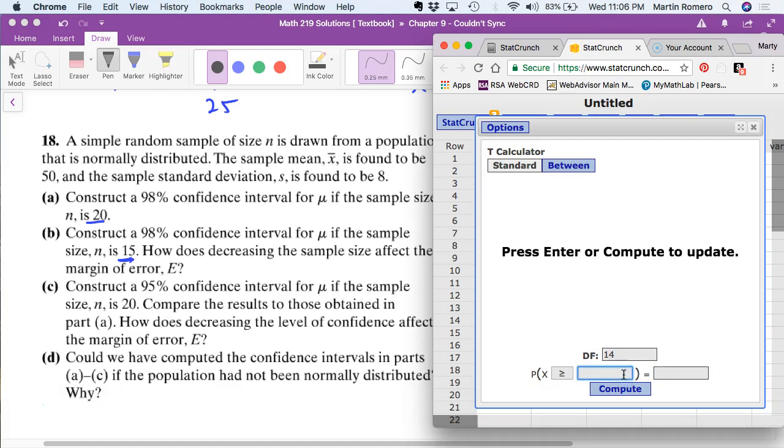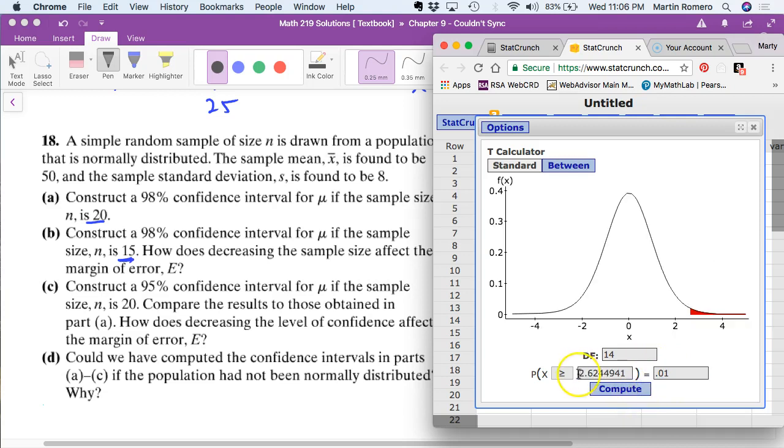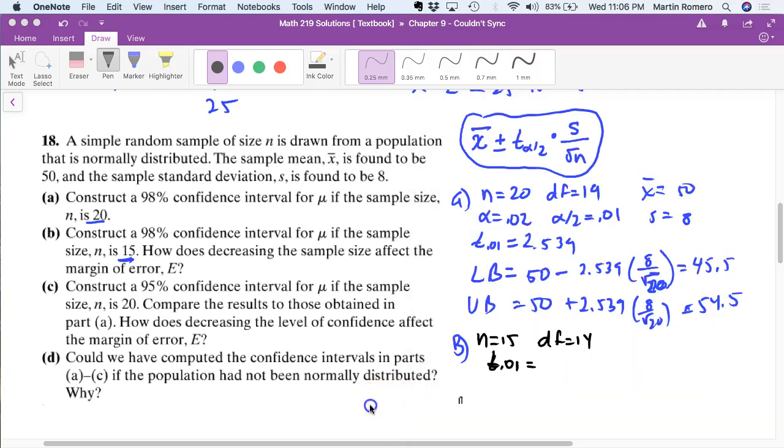Clear that out. Put 0.01 there. Compute. Now we're going to use 2.624. Notice it's a different T value here because we've changed the sample size.